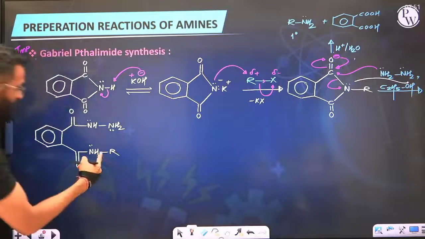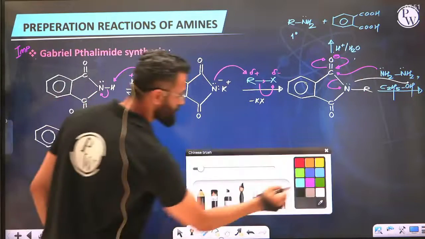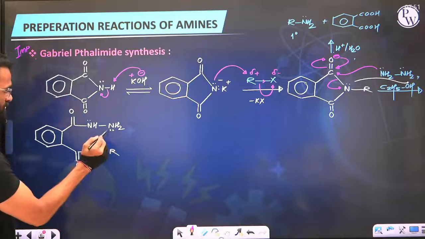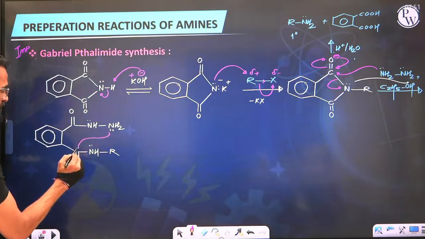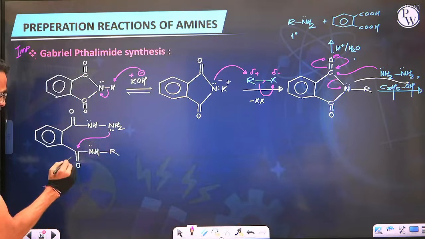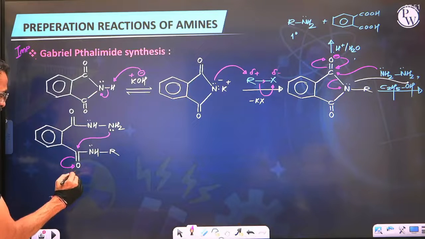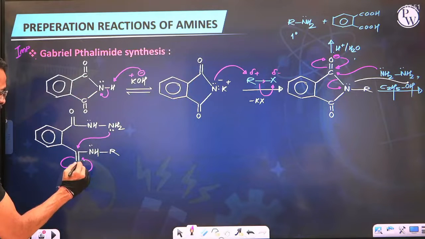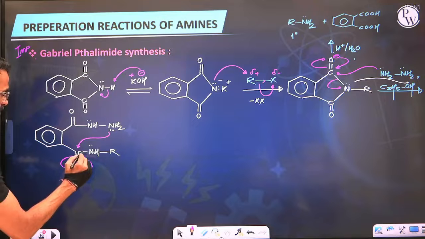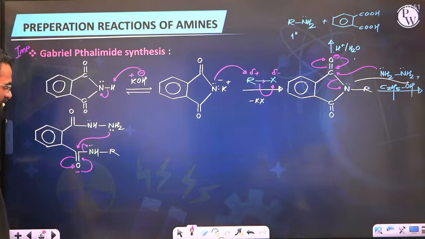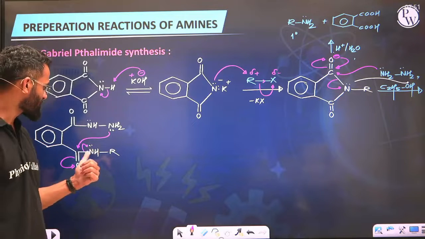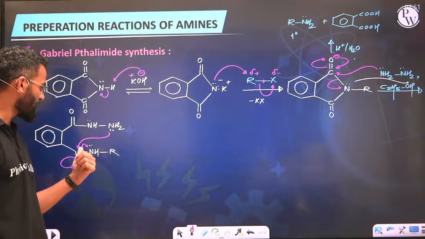So we have NHR. Now see further: the lone pair of nitrogen of hydrazine from the other end attacks the carbon. This bond will break to make it O minus, which will go back to bring back the pi bond, and this will break towards N. So it will become RNH minus.